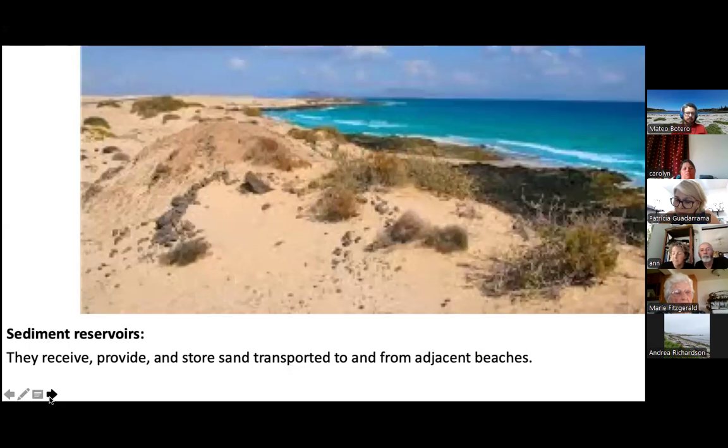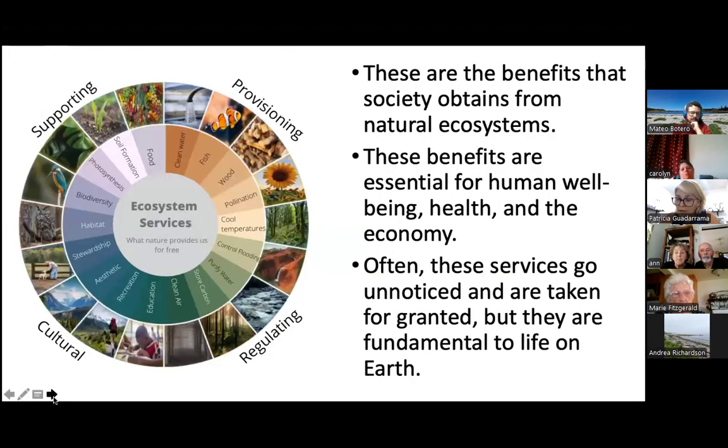Dunes provide and store sand transported to adjacent beaches. Dunes provide ecosystem services, but it's important to say what those are, no?